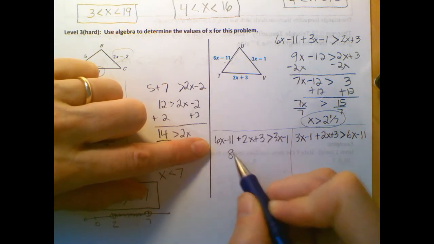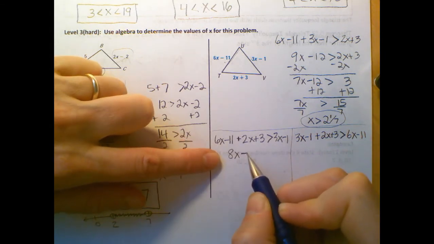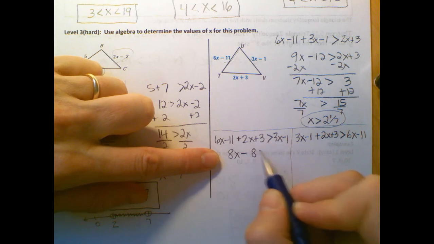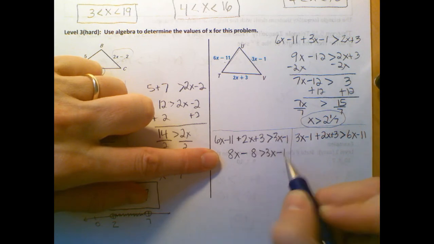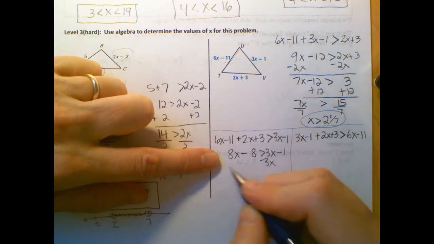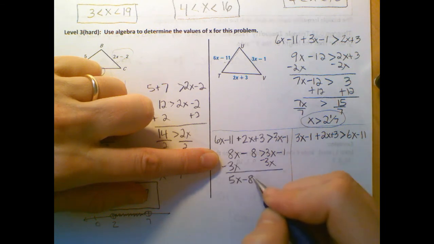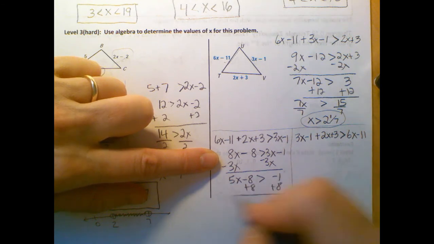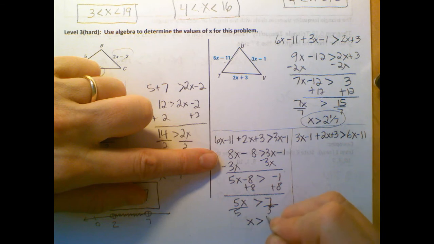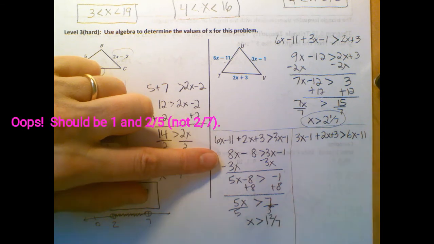6, 7, 8x minus 8, x minus 1. 1 2/7 for that one.